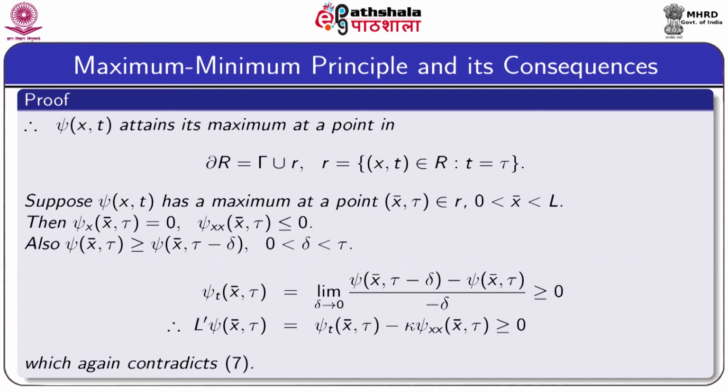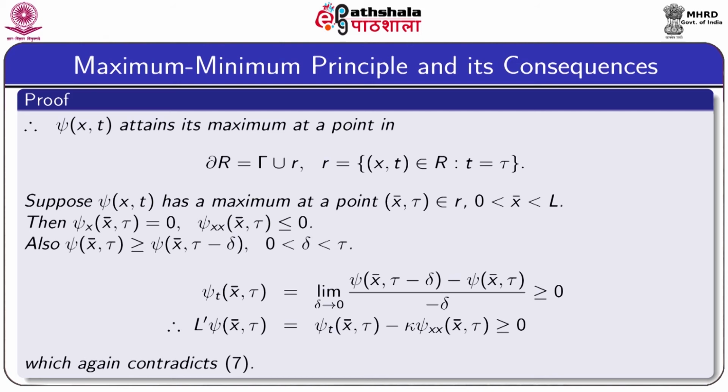Now, consider the expression L'ψ at the point (x̄, τ), which equals ψ_t(x̄, τ) minus κ ψ_xx(x̄, τ). The value of ψ_t we have just obtained is greater than or equal to 0, and we also found that ψ_xx(x̄, τ) is less than or equal to 0.